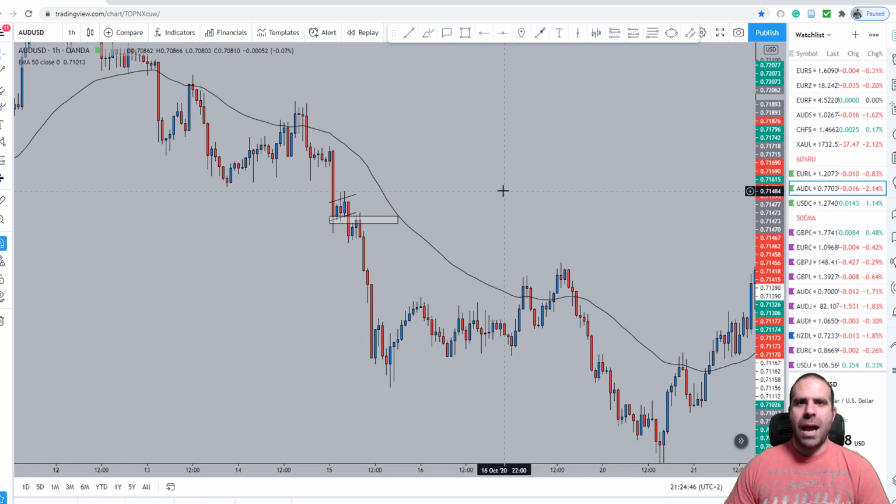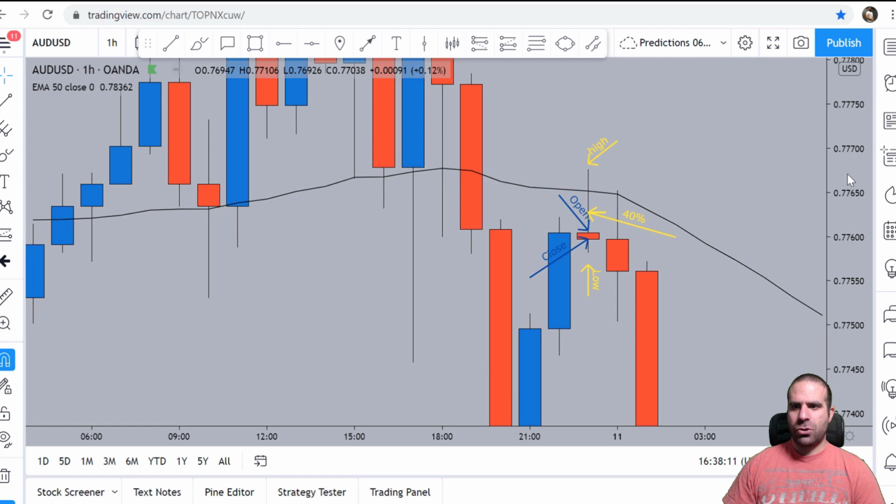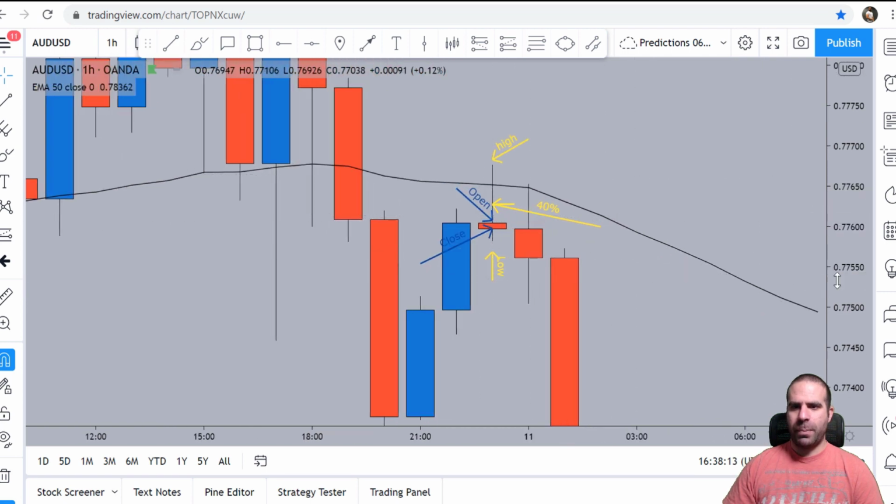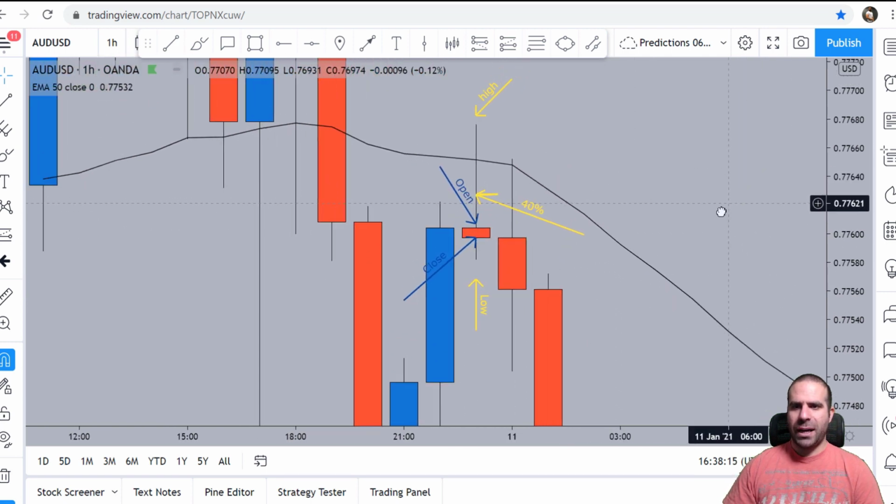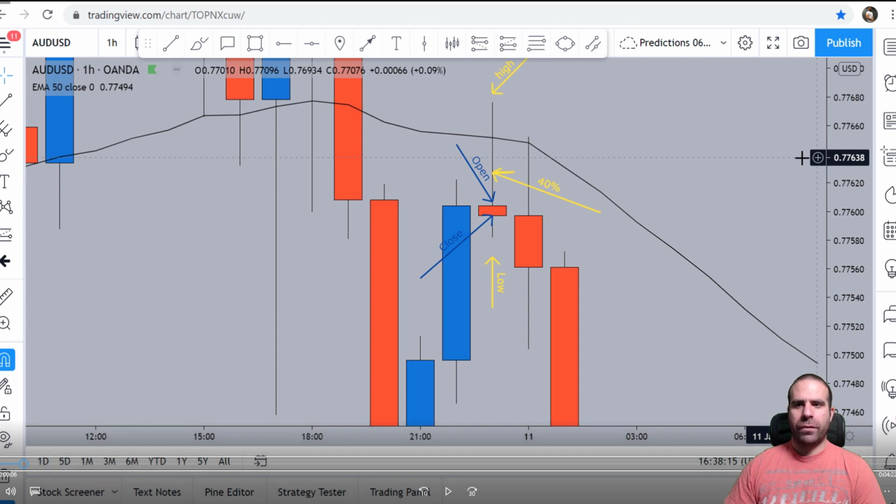For today's video, guys, I'm going to be using AUD USD and I will be explaining the 3 types of entries that you can take after a flag pattern is being formed. First and foremost, as you can see here, I have a graphical representation of the high of a candle, the open and the close of the candle, and I made this drawing in order to show you the 60% rule.